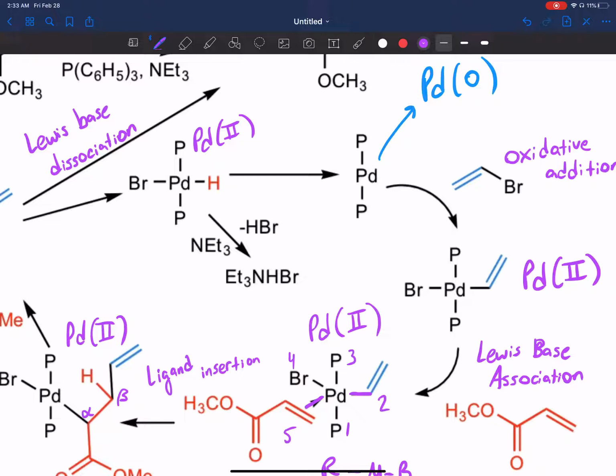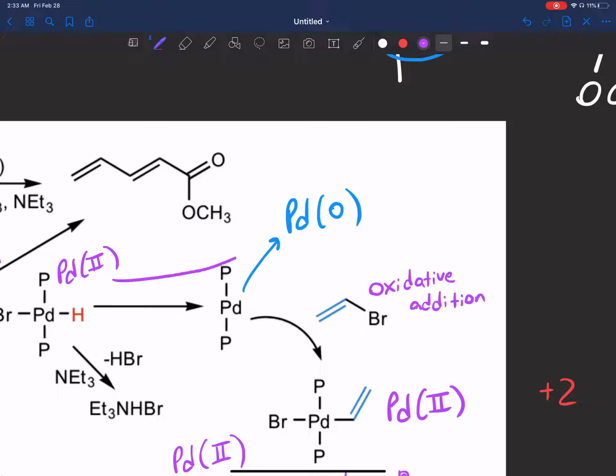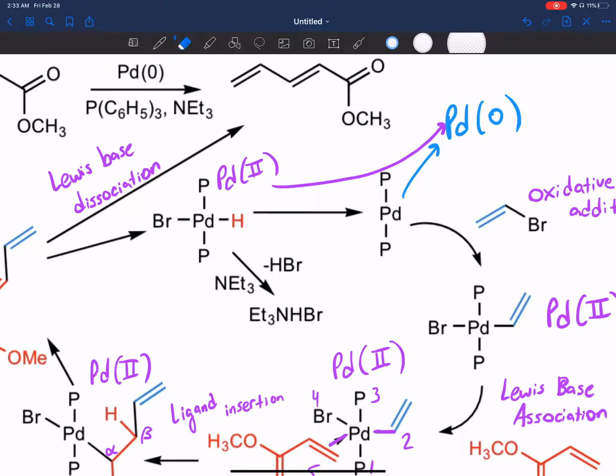Another way of saying taking them off is I'm eliminating them. So in this case, my palladium is going from +2 to palladium 0. My oxidation state should be reducing. And because I'm eliminating something, the reaction is going to be a reductive elimination.